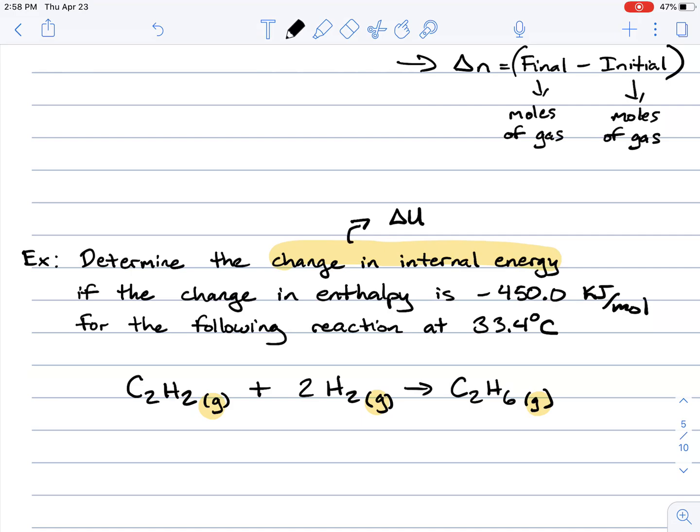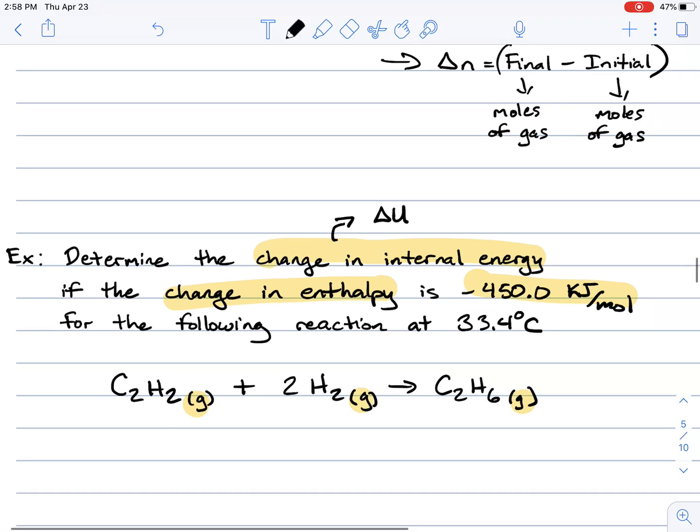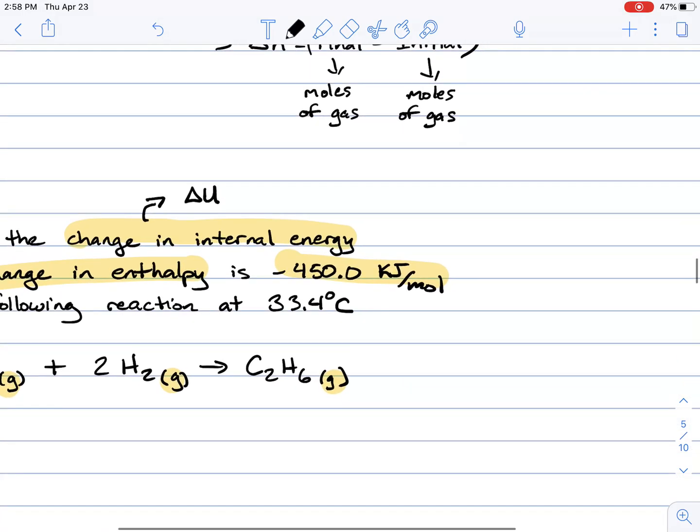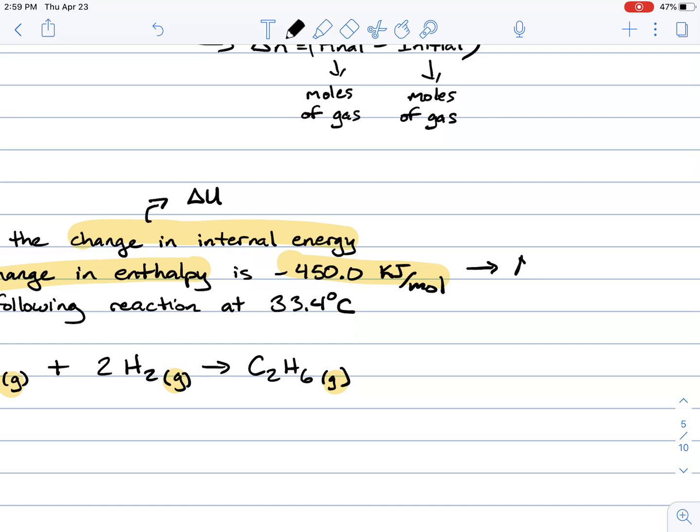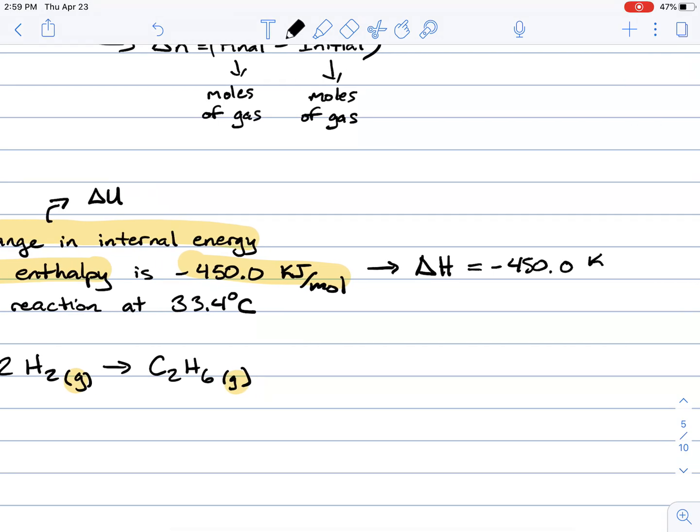And so reading through the problem, it says that the change in enthalpy is this value. Change in enthalpy represents delta H, and it turns out that delta H is going to be negative 450.0 kilojoules per mole.